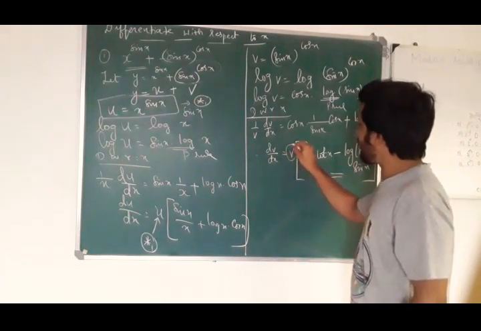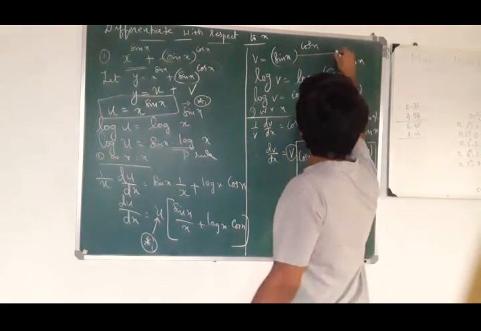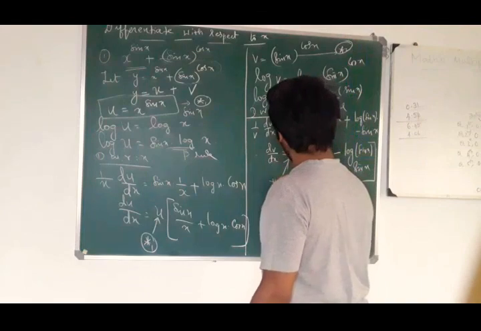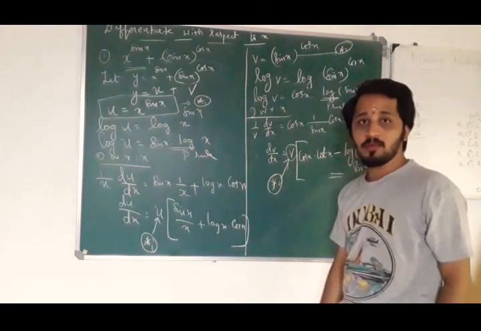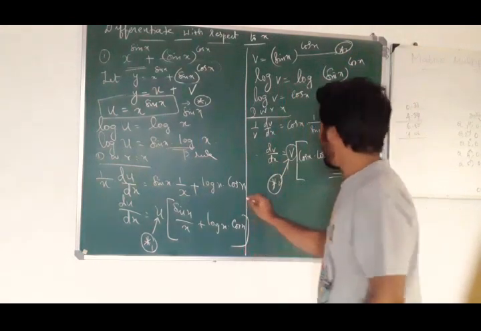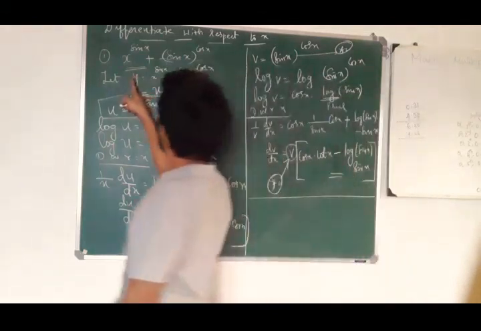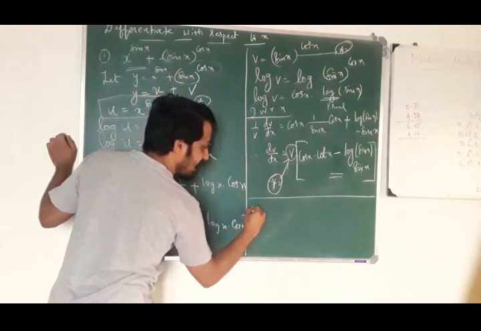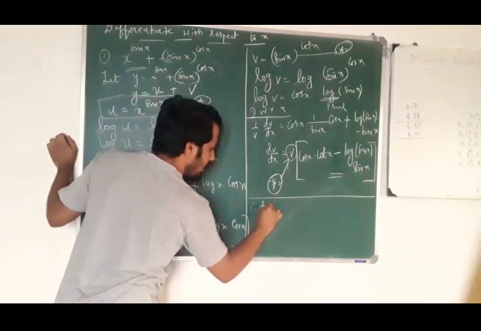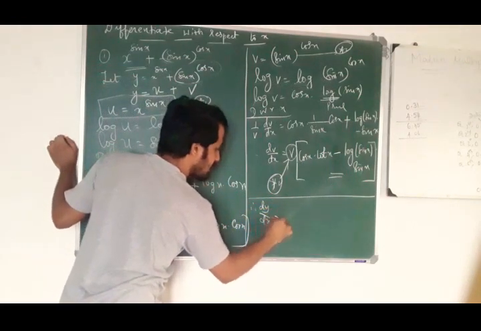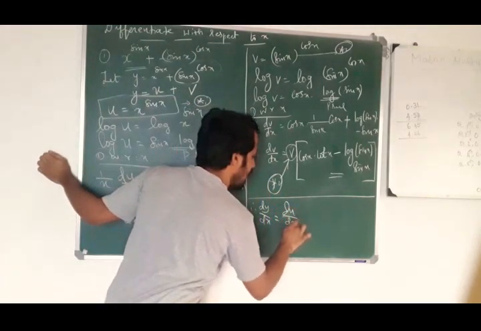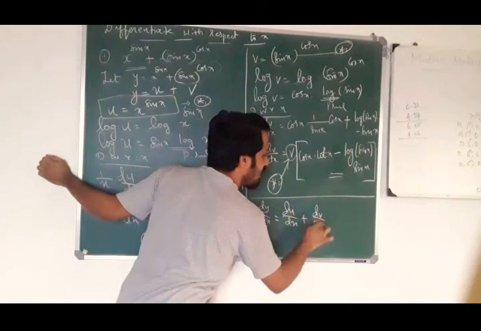So in place of v, you have to replace star 2 equation. It is not completed. You have to find out dy by dx. Therefore, dy by dx is equal to du by dx plus dv by dx.